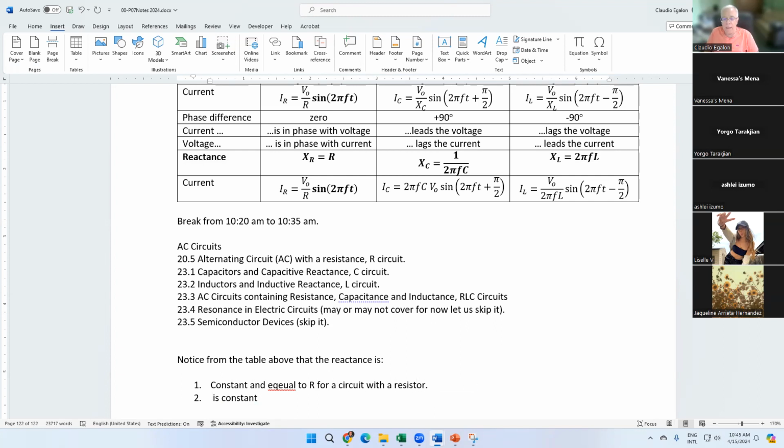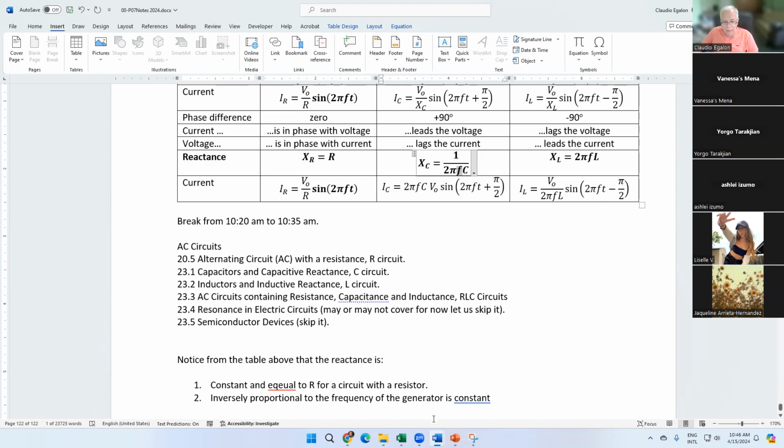For a capacitor, it is inversely proportional, right, to the frequency of the generator. See that? Inversely proportional to the frequency, and that's very important. It's very important that we have this relationship here, that the reactance is a function of the frequency, both for the capacitive reactance and the inductive reactance.